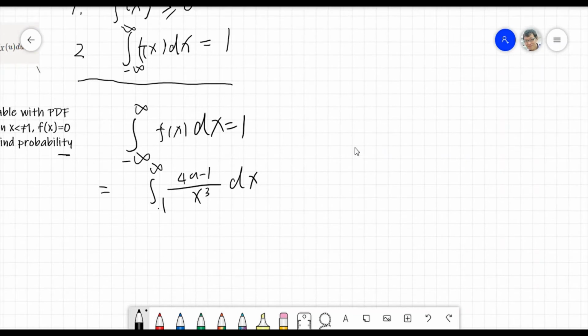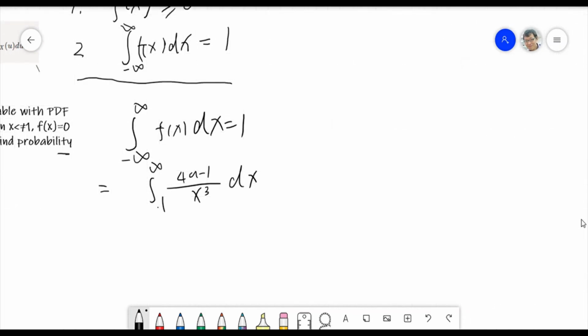So what's the result of this one? This is x to the -3, right? So if the original one is x to the -2, its derivative is -2 put in front.